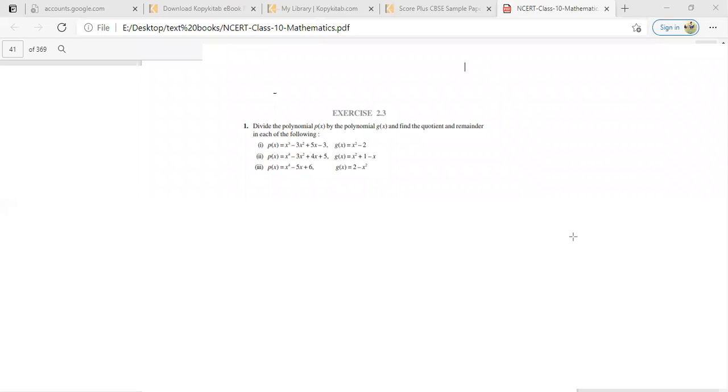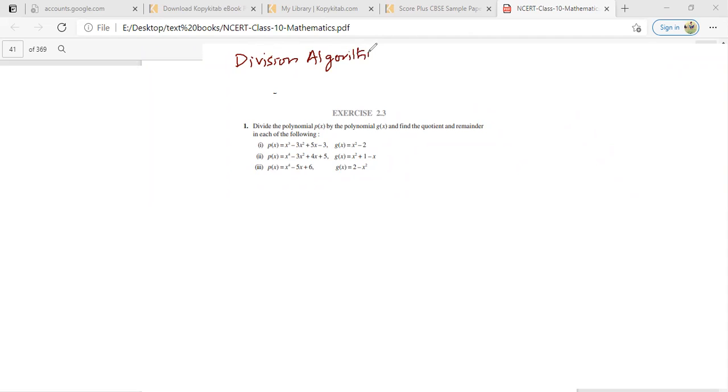Okay. So this is what we are using, the division algorithm. We are using the division algorithm to find quotient and remainder. And what is the division algorithm? But this is here for polynomials.